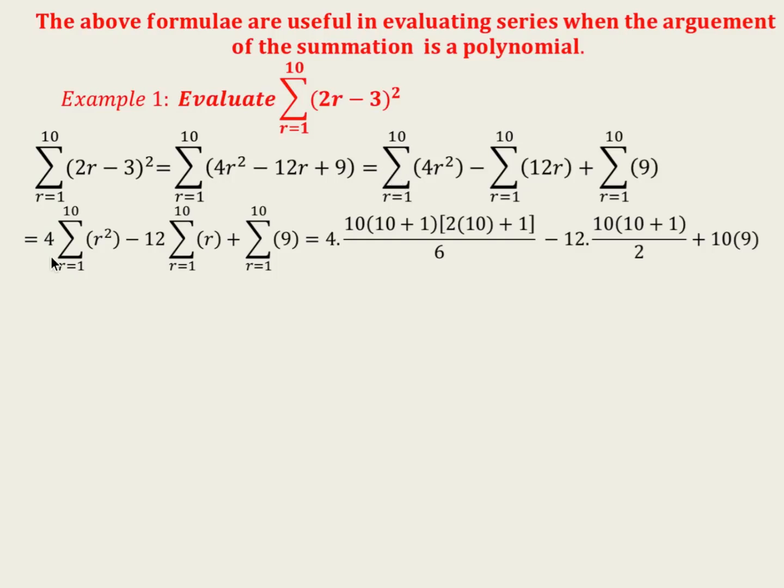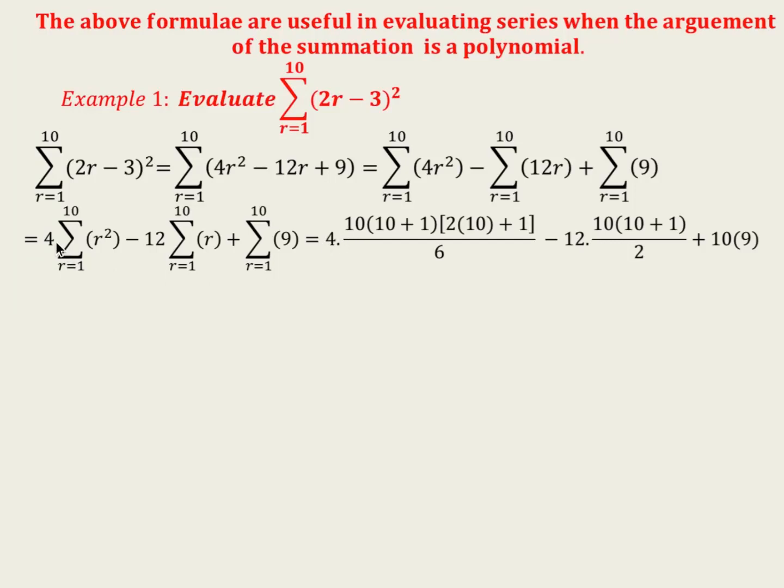So in the next step we have 4 summation from r equals 1 to 10 of r squared minus 12 summation from r equals 1 to 10 of r plus summation from r equals 1 to 10 of 9. From here now we'll bring in the formula for summation from r equals 1 to n of r squared, which says n into n plus 1 into 2n plus 1 all over 6, n being 10.